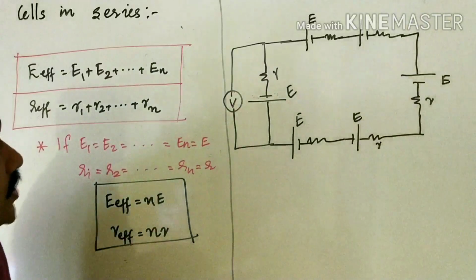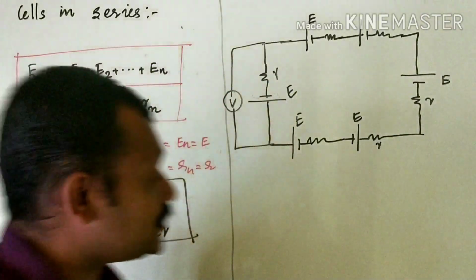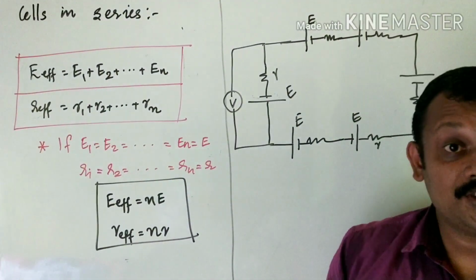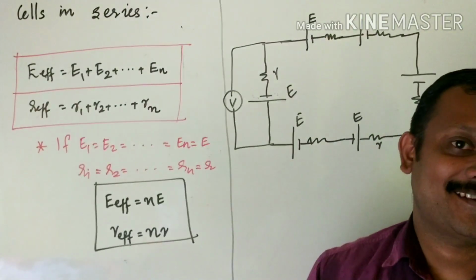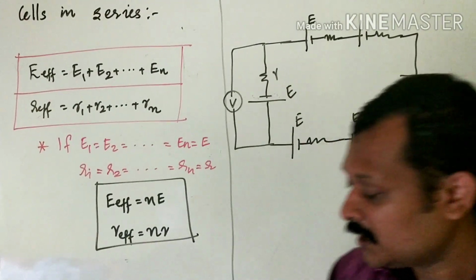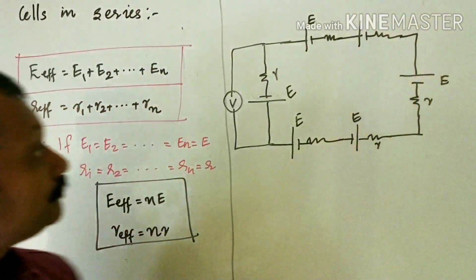Now this is a question I am discussing. This is a very relevant question because the same question was asked in the Kerala Engineering Examination 2020. Okay, this is the question I am discussing now.